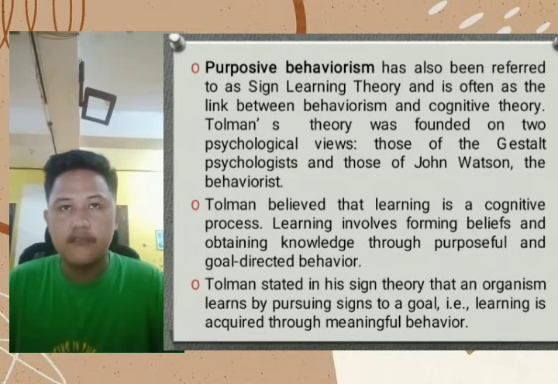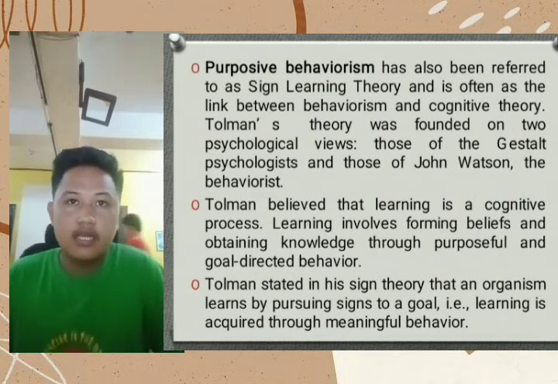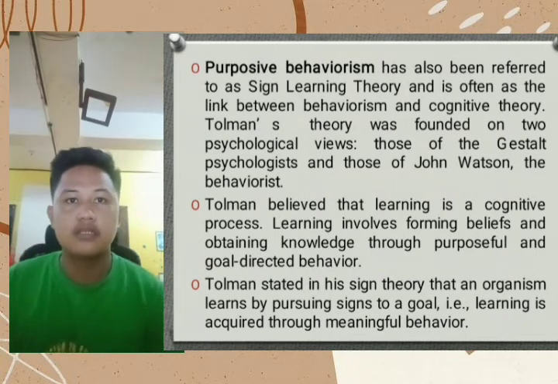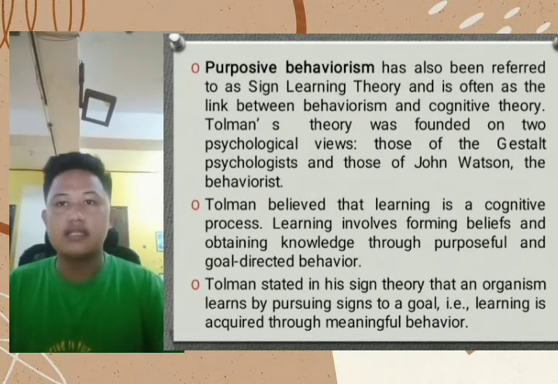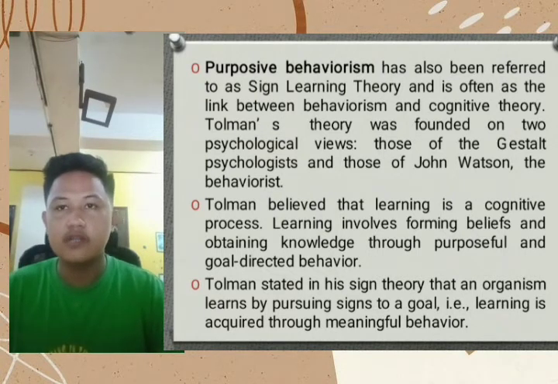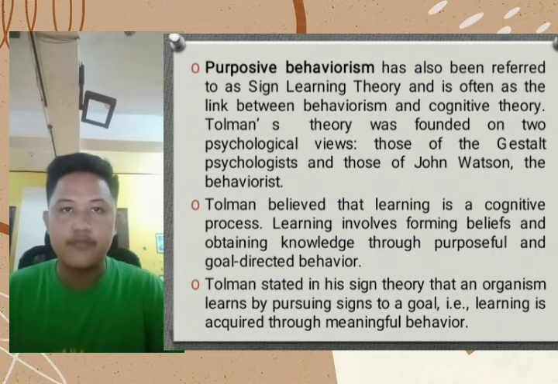If you are learning, then you have a goal and you have a purpose. Tolman stated in his sign theory that an organism learns by pursuing signs to a goal. So we follow signs, then it will turn into a goal. Learning is acquired through meaningful behavior.